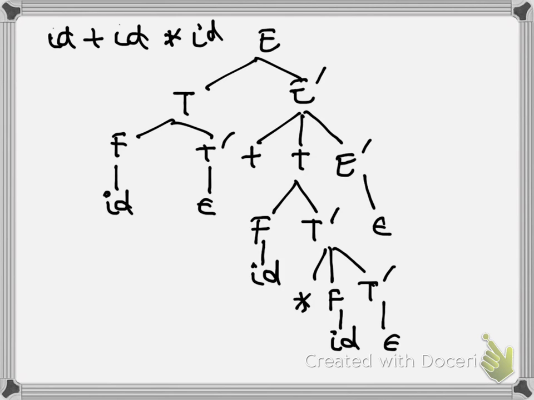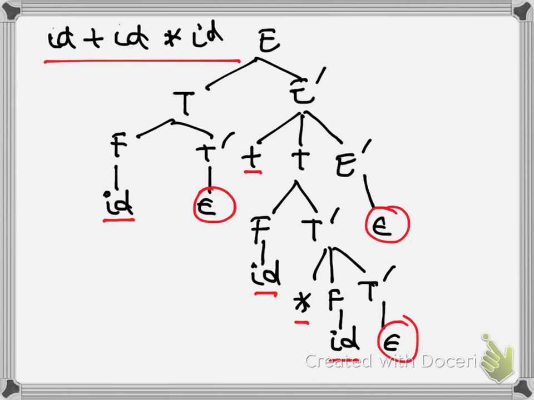If you see this, you'll find I have parsed this as id plus id into id. The rest are all epsilons remaining. So what we have done is we have generated a parse tree from our input string, and at every step we have replaced the leftmost non-terminal.